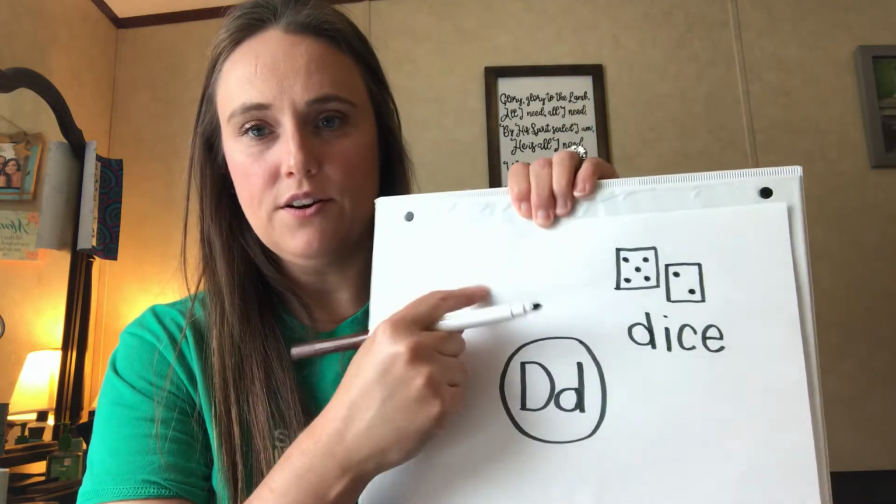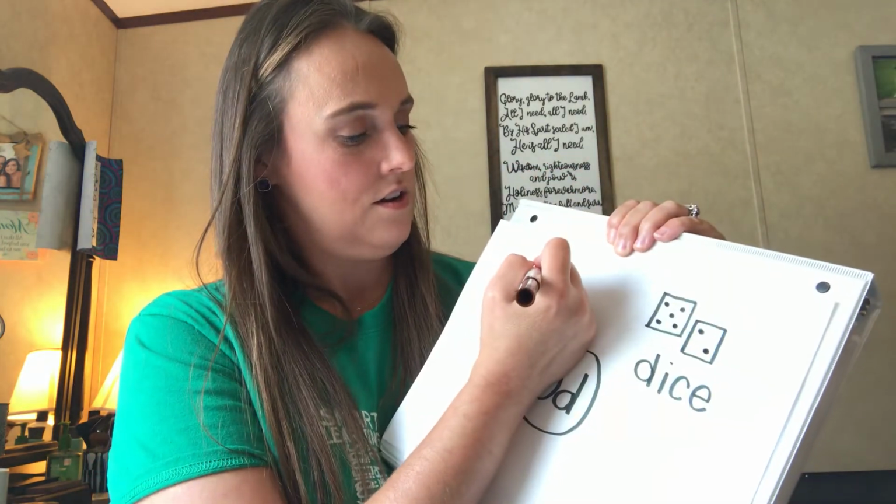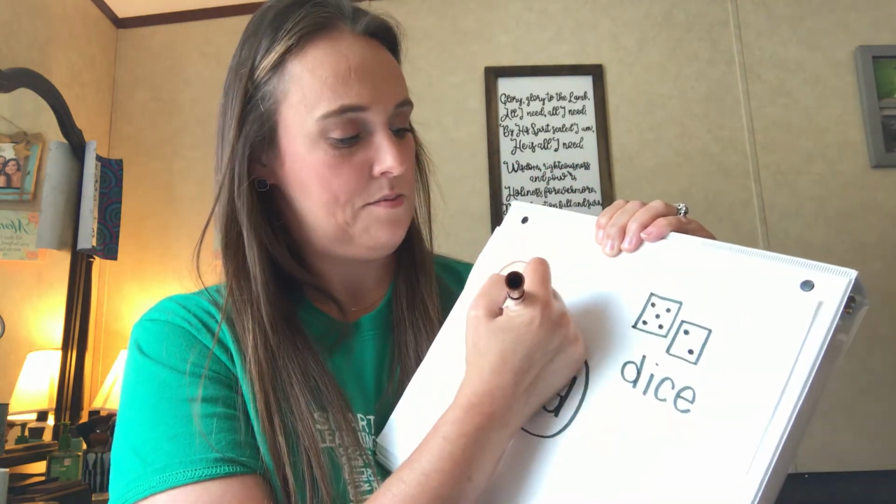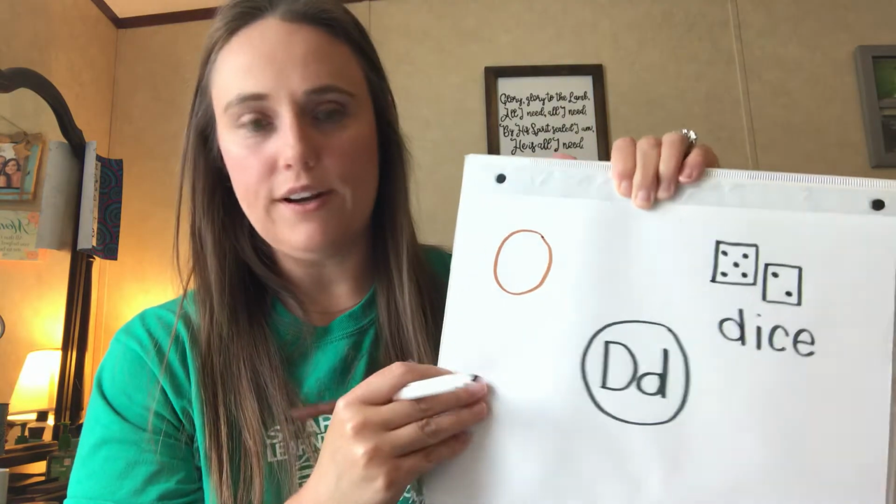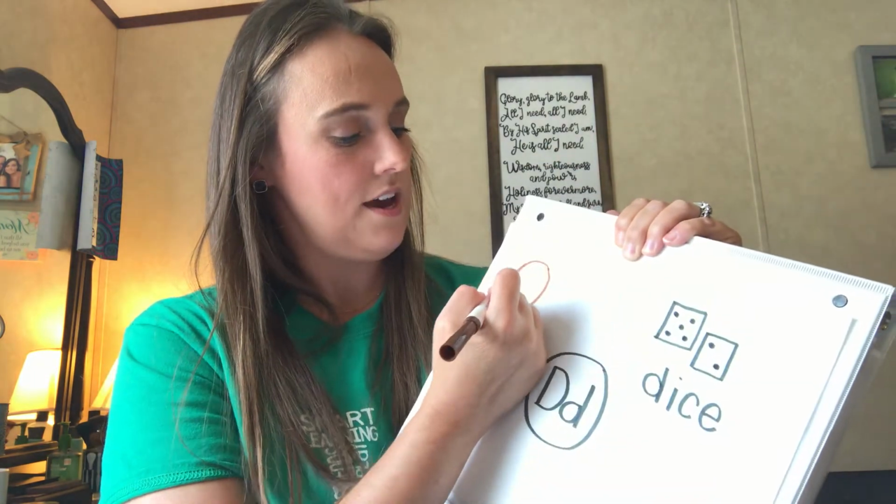Dog. All right, raise your hand if you have a dog as a pet at home. I do. I have 2 dogs. But I'm just going to draw one on my paper. I'm going to use brown. Now remember, Miss BJ isn't the best artist or illustrator, and that's okay.